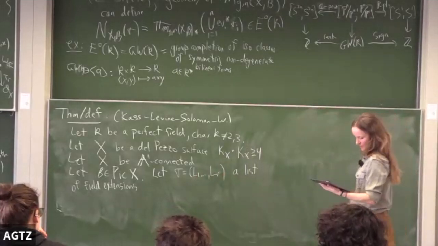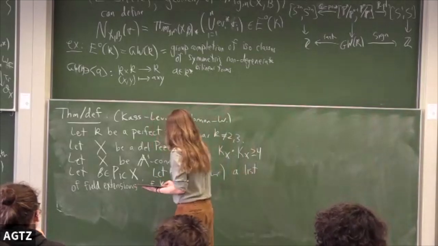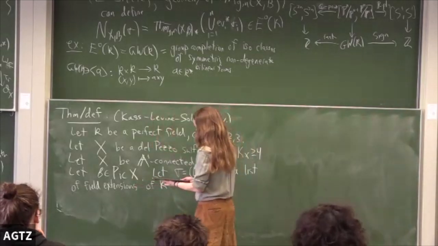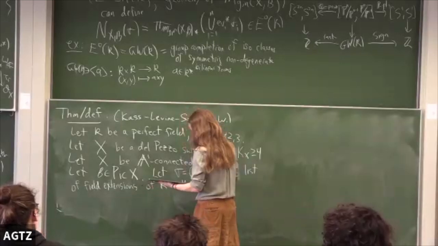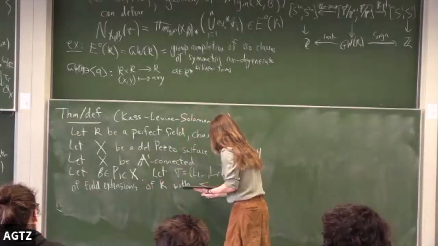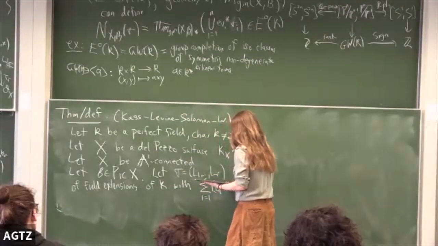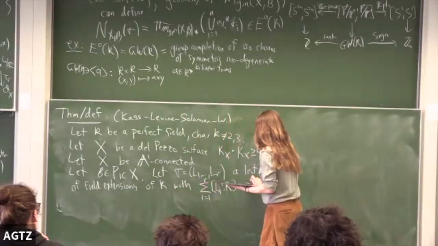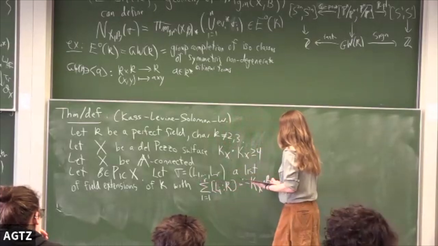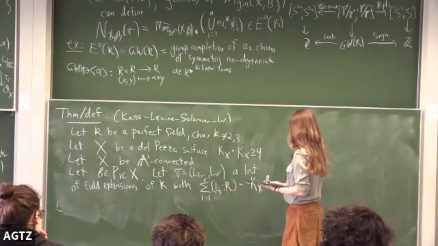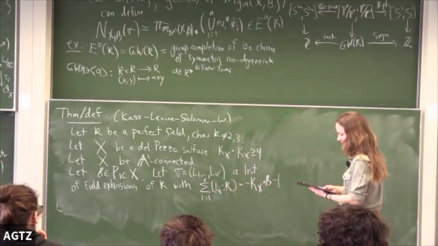So this is a list of field extensions of K, serving as the fields of definition of the points we're running the curves through, and there has to be the right number of them to get a finite count. So with the sum as i equals 1 to R of the degree of Li over K equals the right number for the dimension of the moduli stack, which is minus K_X dot beta minus 1.